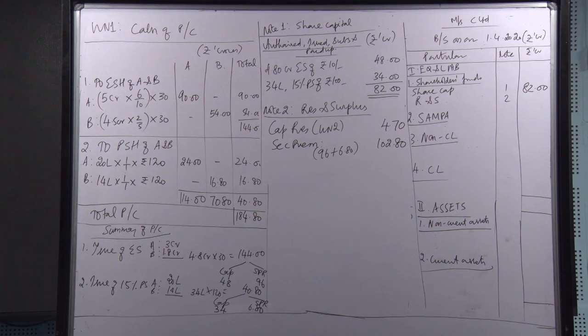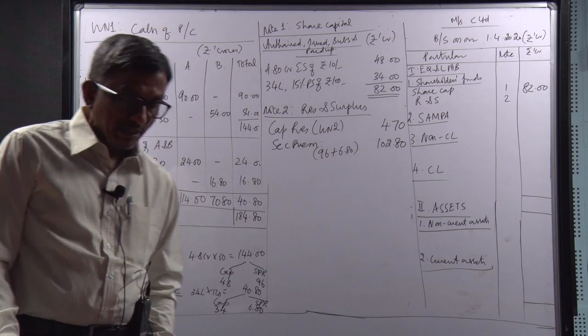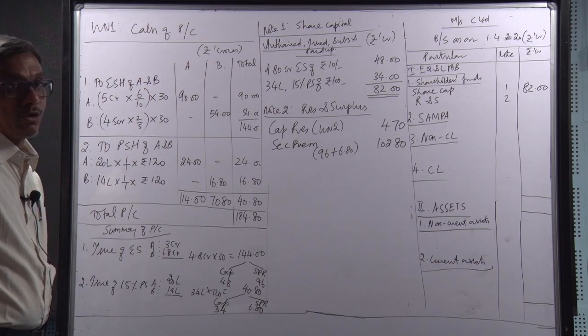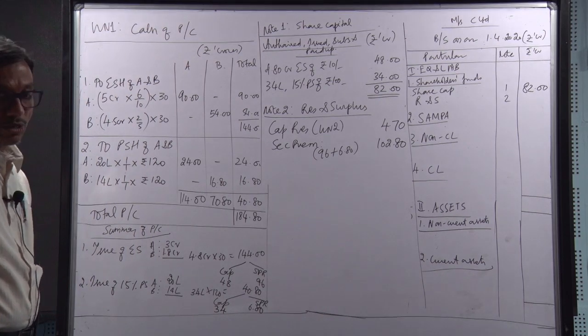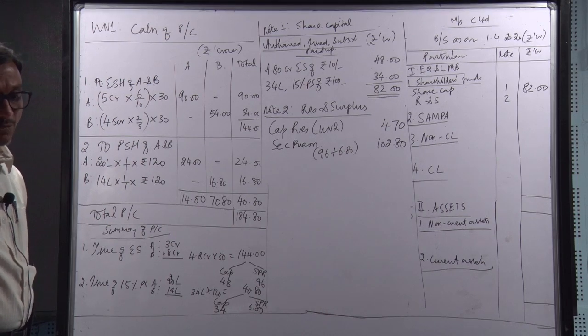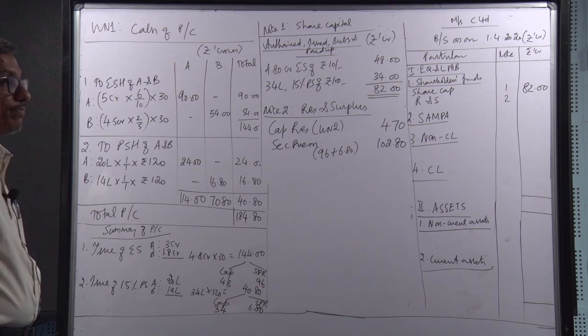Since this is amalgamation nature of purchase, no reserves of the vendor company will be brought in the books of the purchasing company, but if there is any statutory reserve, that will be brought into the books of the purchasing company. In this problem, we have investment allowance reserve.